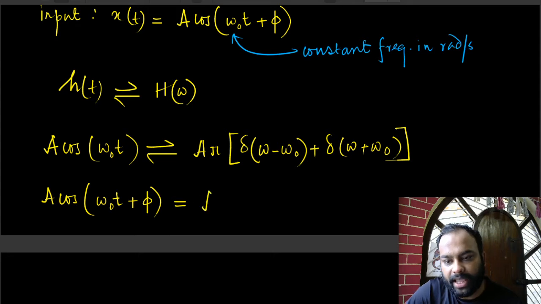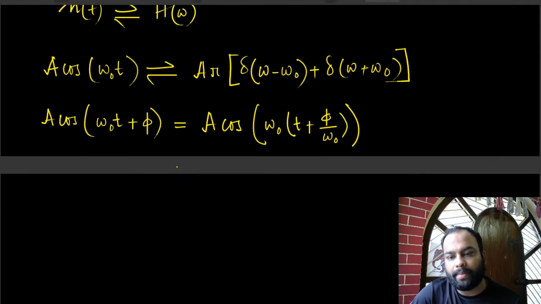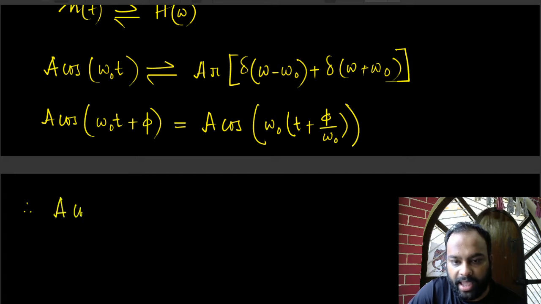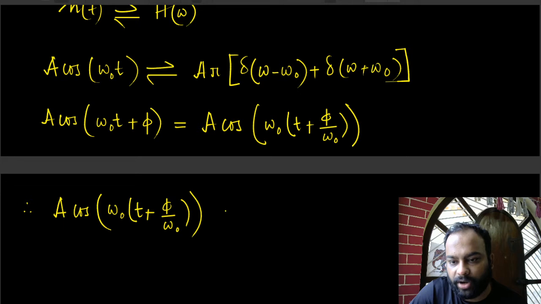This can also be written as a cos, taking omega naught common, of omega naught times (t plus phi by omega naught). Now can somebody tell me what is the Fourier transform of this?